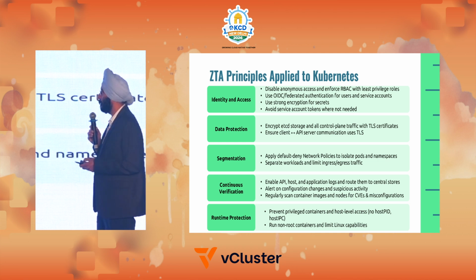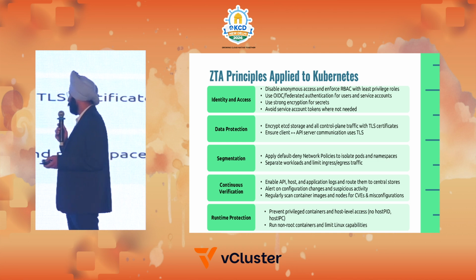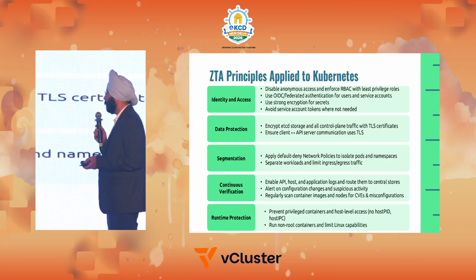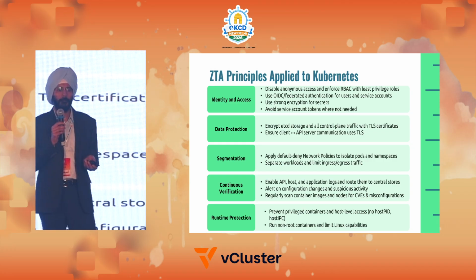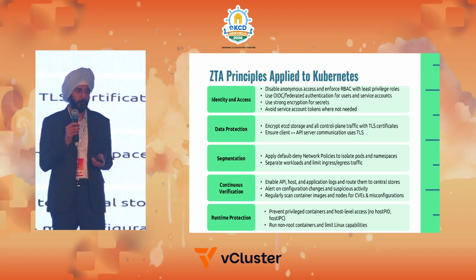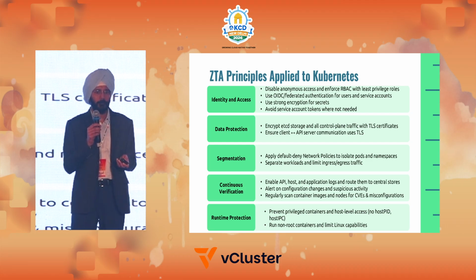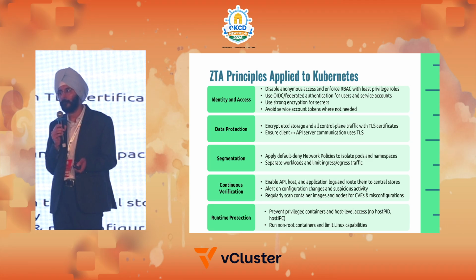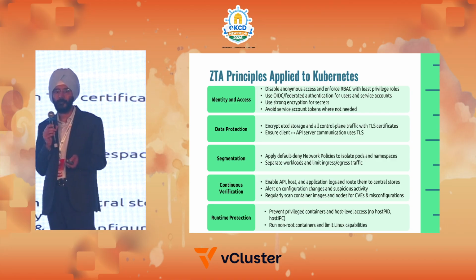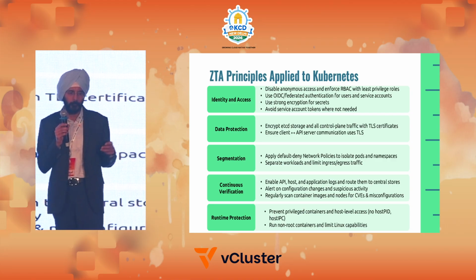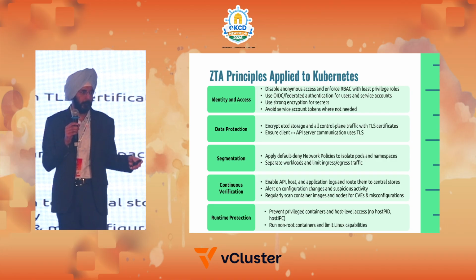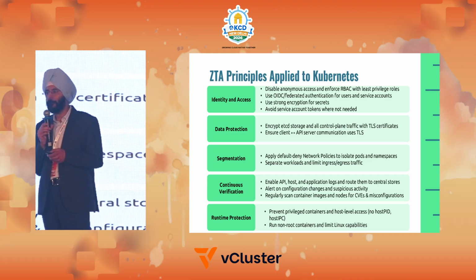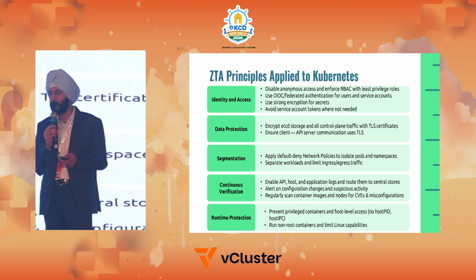Segmentation is important. You can have default deny policies to isolate your pods. One of the easiest and quite common techniques is to use service meshes like Istio. I'm sure you are normally using it, but continue doing it, because then you can contain the activity to those pods, so your core pods don't get affected if someone hacks or gets into your system.